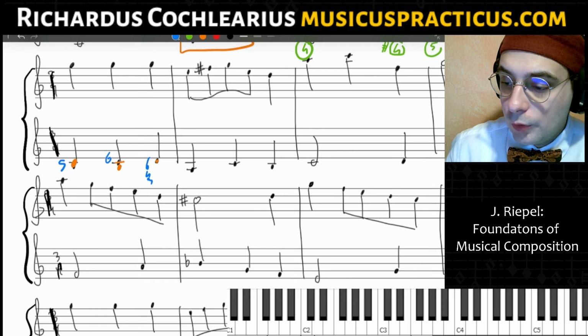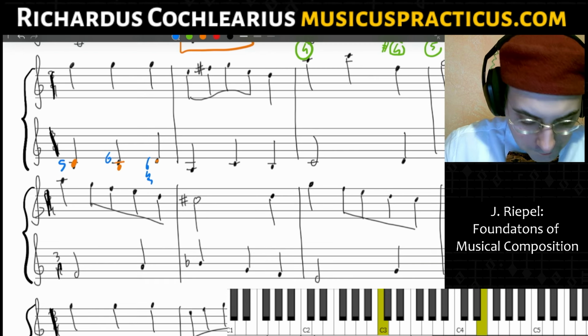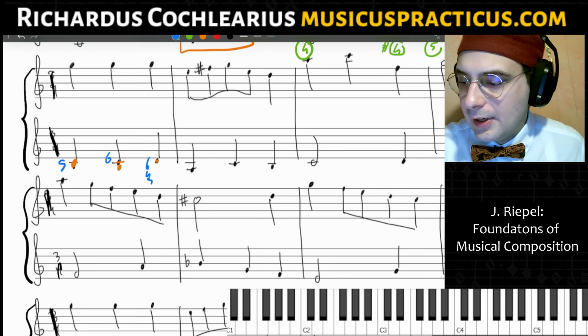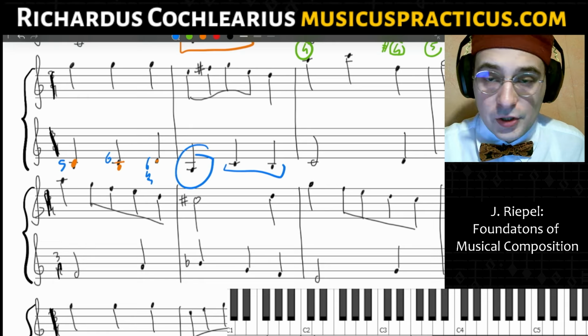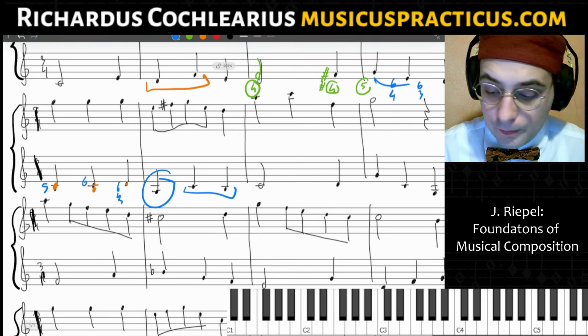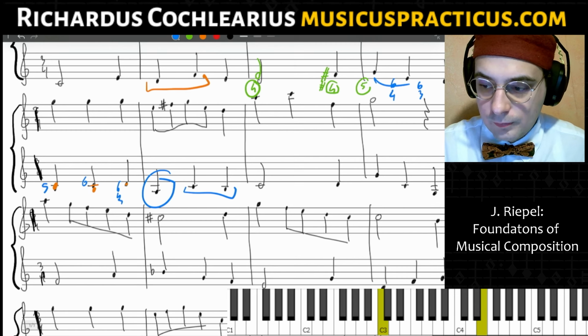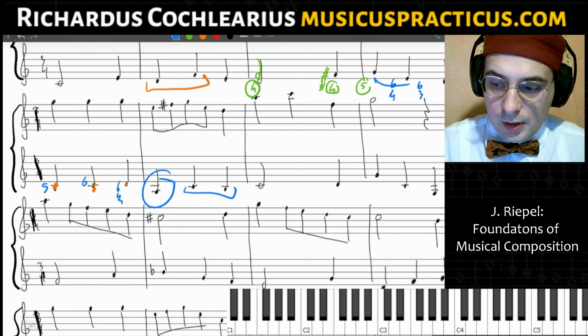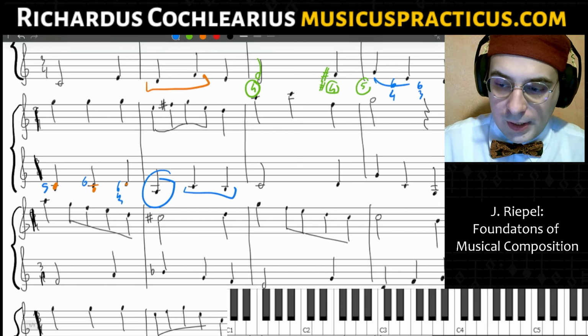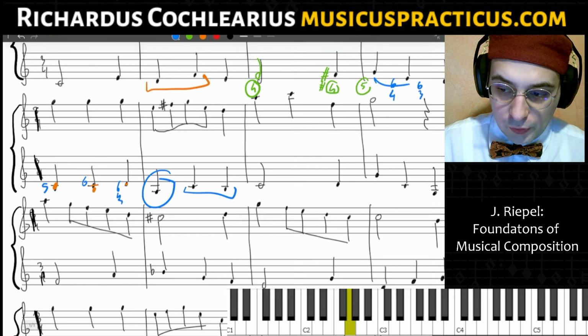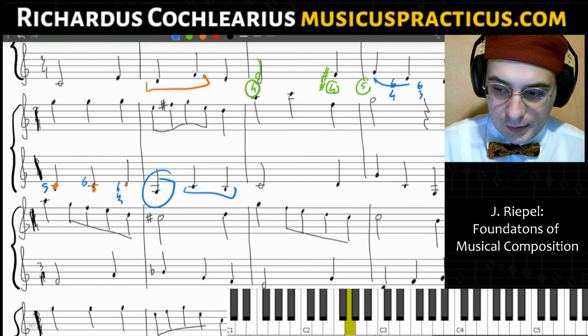But what we can do, this passage is okay, so we can change the A. How? So we can put another imperfect consonant. Let's see.